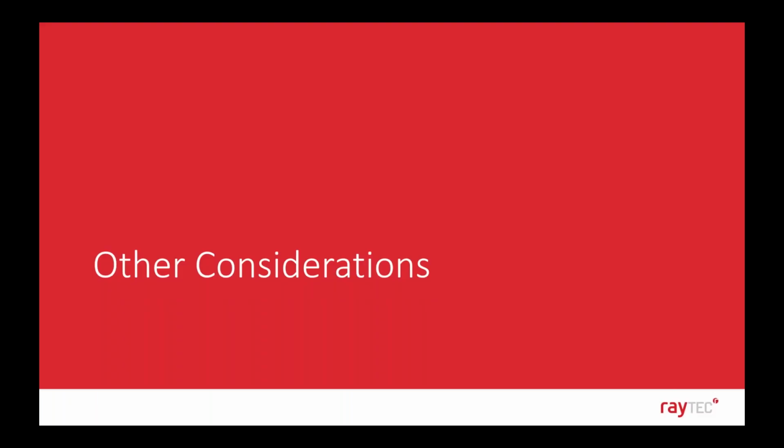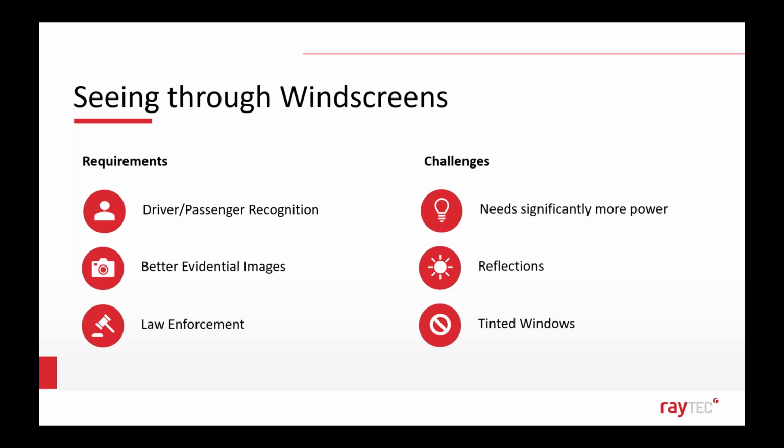Other considerations: seeing through windscreens. As ANPR evolves, as barrier access evolves, there's a growing demand to see beyond the number plate and into the vehicle, whether it's identifying the driver or checking for passengers for high occupancy toll roads.